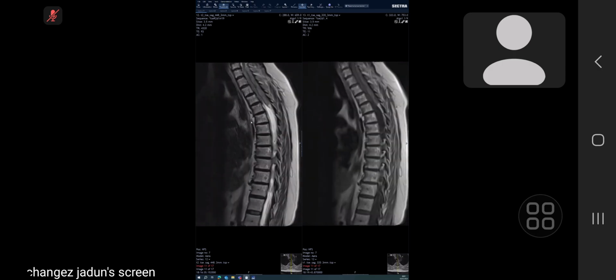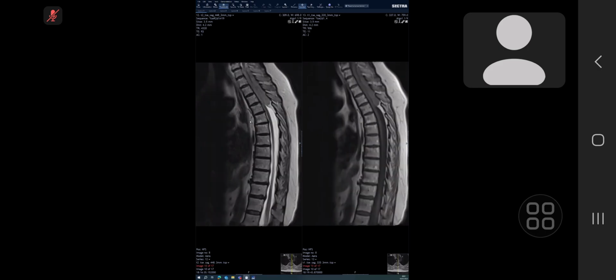At this level, in the upper thoracic and lower cervical vertebra, I can appreciate an altered signal intensity, ill-defined area, extending over a long segment comprising almost five vertebral levels, upper thoracic and lower cervical.